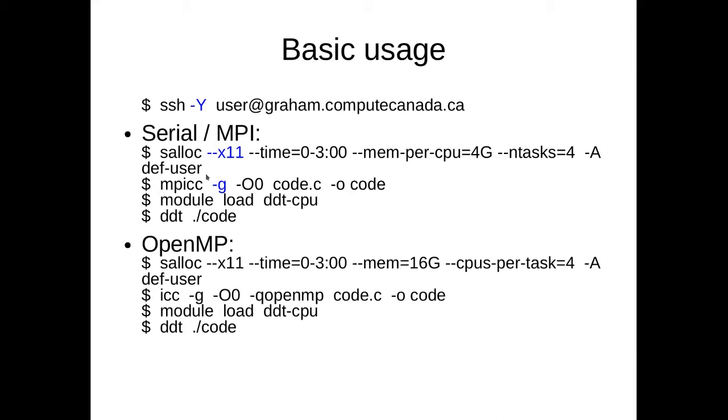If it doesn't complain, you log in, and then it depends on your code. For serial and MPI, the default way to allocate resources to use the debugger is through the salloc command. For those who are not familiar, normally you submit jobs to the Graham cluster using the sbatch command. With debugging, you want interactive access, and that is provided via salloc. Salloc accepts exactly the same arguments as sbatch.